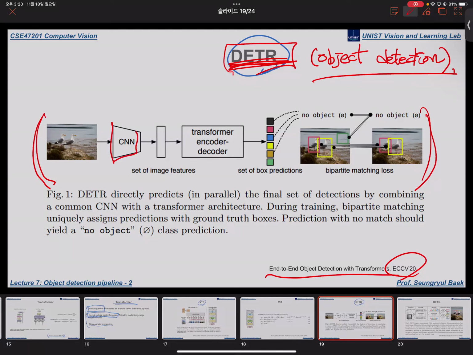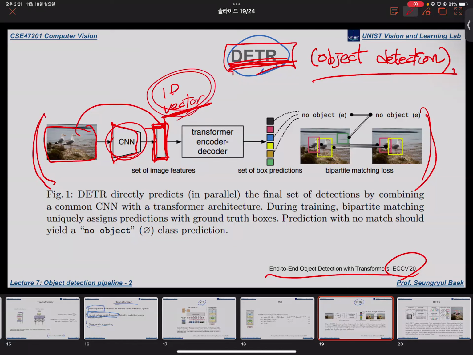They are using a CNN as well for encoding this image into a feature vector.